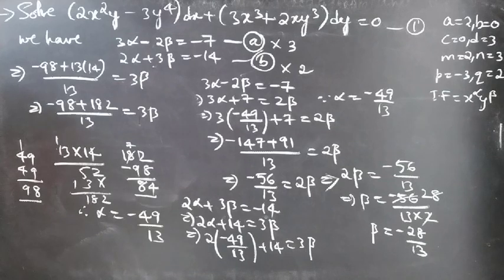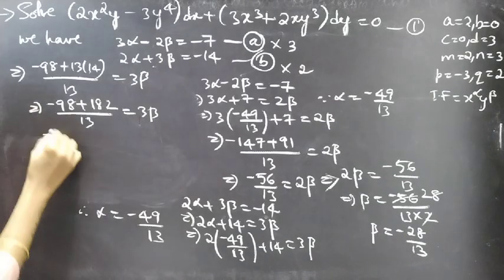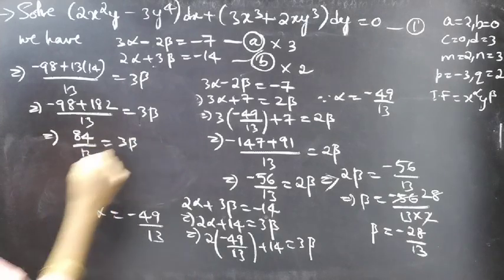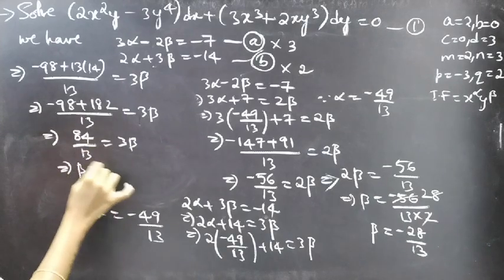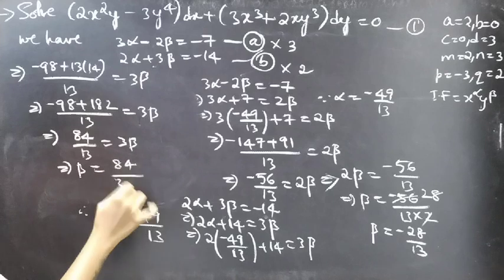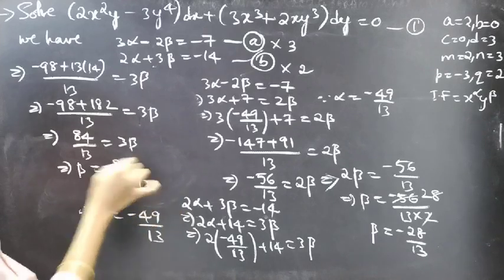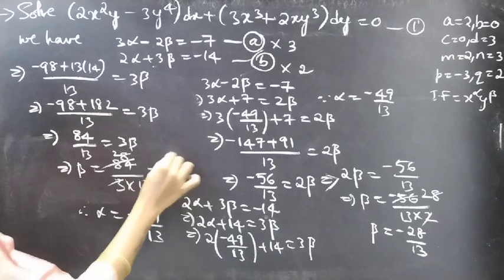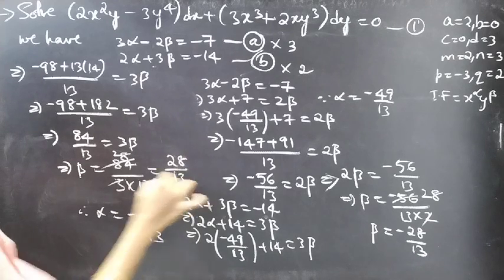So I'll get 84 by 13 equal to 3 beta, or we can write this as beta equal to 84 by 3 into 13. 3 2s are 6, 3 8s are 24, which gives us 28 by 13.